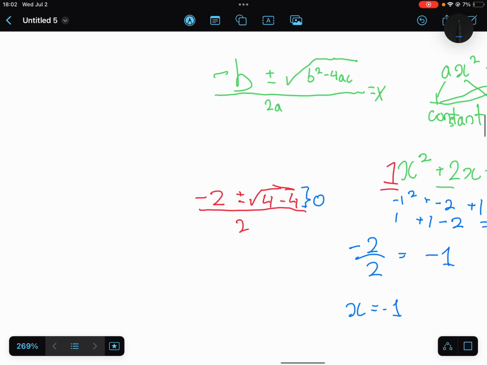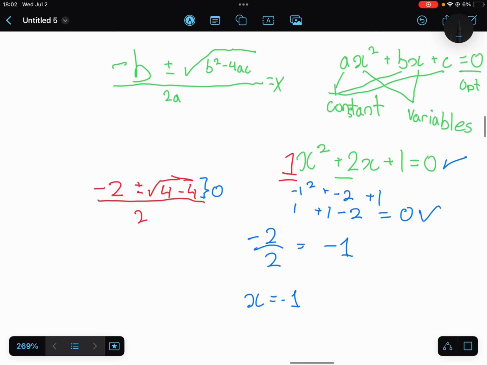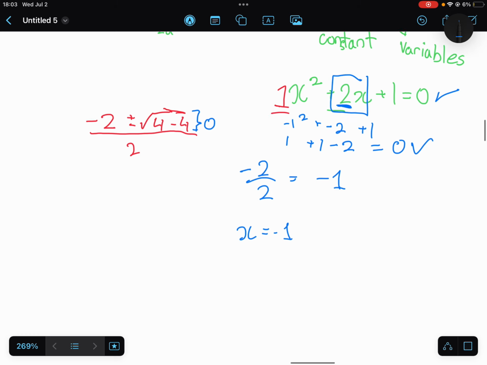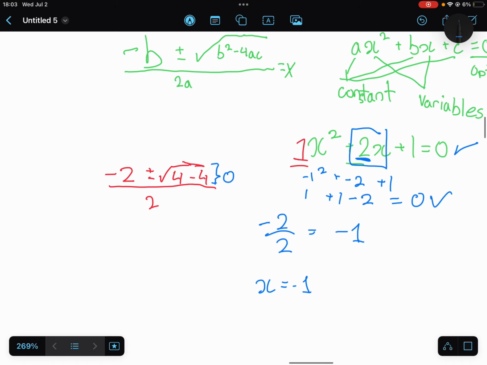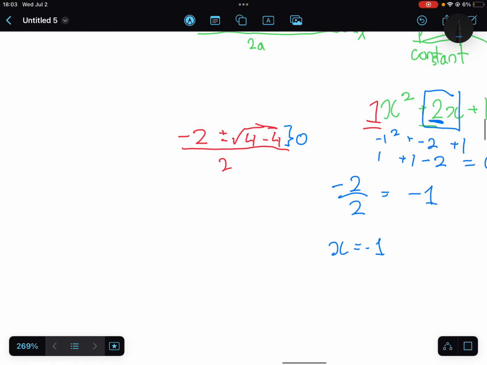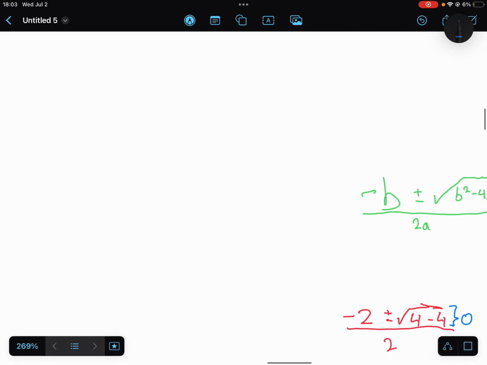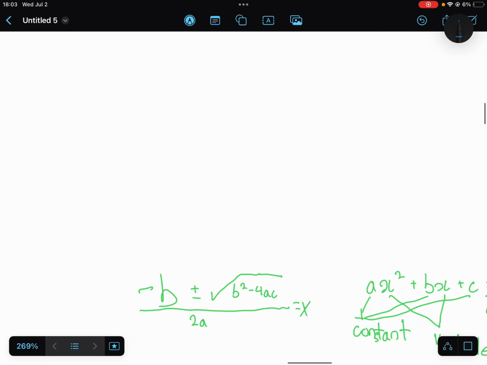Now, there's another version. So, if this part, especially the b over here, is an even number, you can do a formula called the simplified quadratic formula. So, let me write that up here.